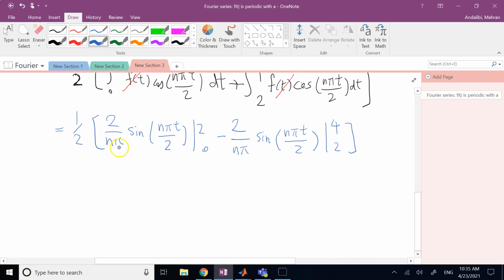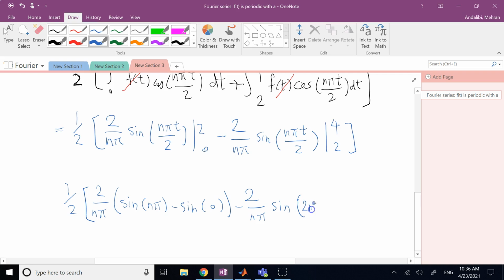So if I continue here at 2, this is going to be sine of n pi at 0, that's 0. So this is going to be sine of n pi minus sine of 0. That's for this. The other one is going to be sine of, if you plug in 4 here, it is going to be 2n pi minus sine of n pi.